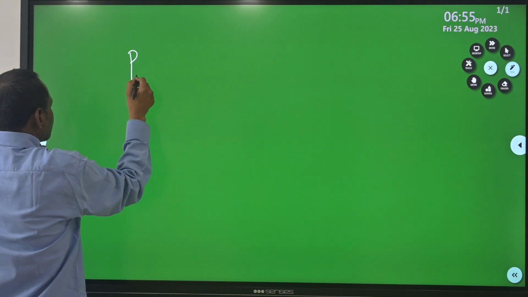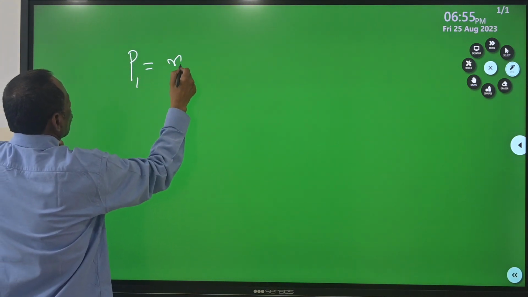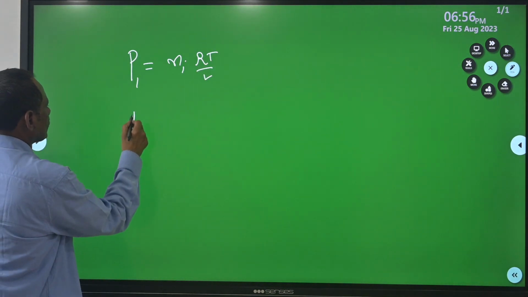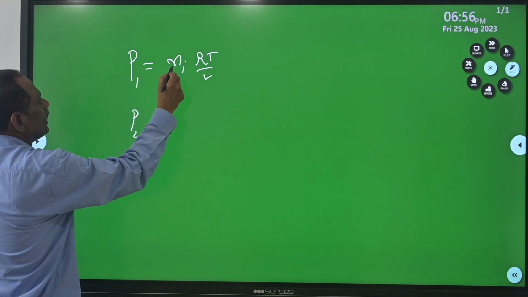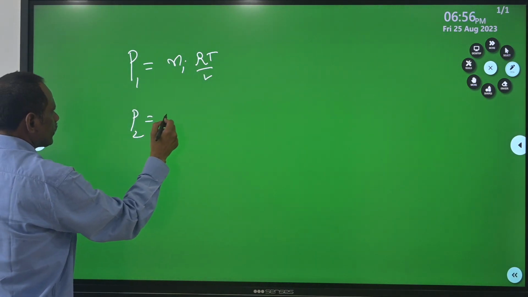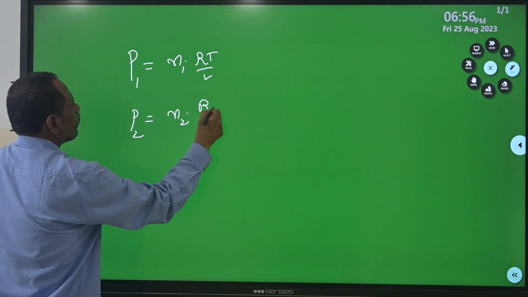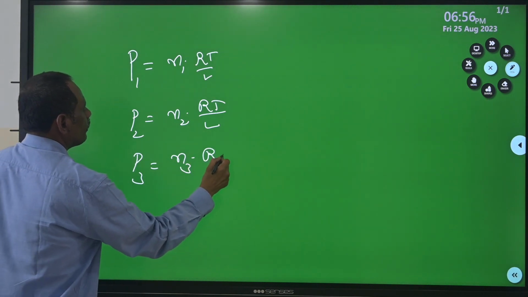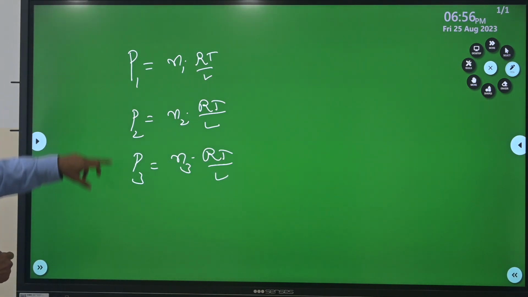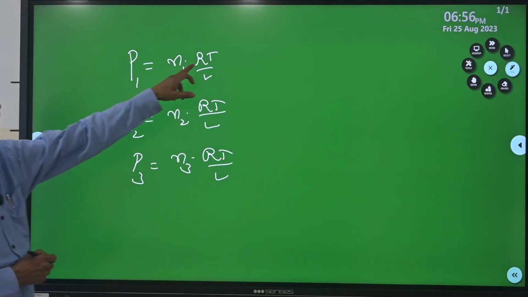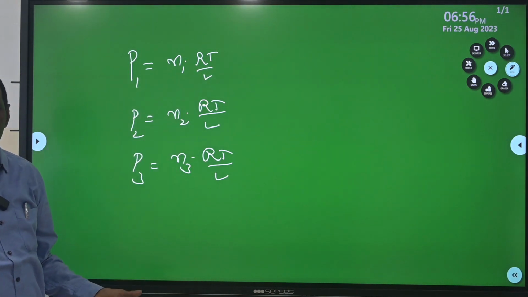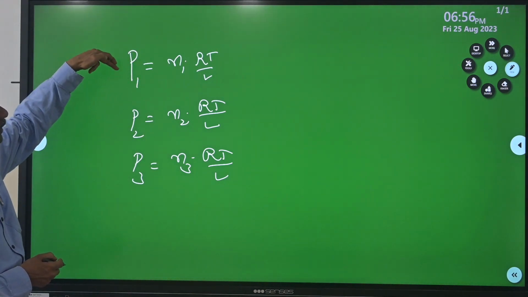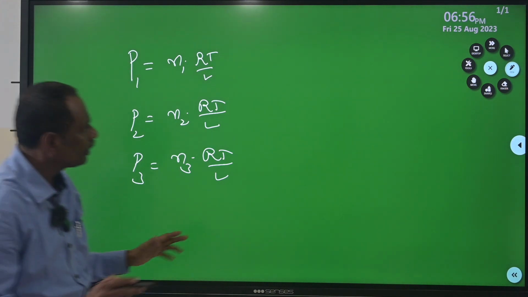The partial pressure of a gas is equal to number of moles of that gas into RT by V. If there are 3 gases, the partial pressure of gas 1 is its number of moles into RT by V. The partial pressure of gas 2 is its number of moles into RT by V. Like that, the partial pressure of gas 3 is its number of moles into RT by V. So among these 3, whose partial pressure is more? Because temperature and volume are constant, and R is the universal gas constant, the gas whose mole number is more, its partial pressure will also be more.